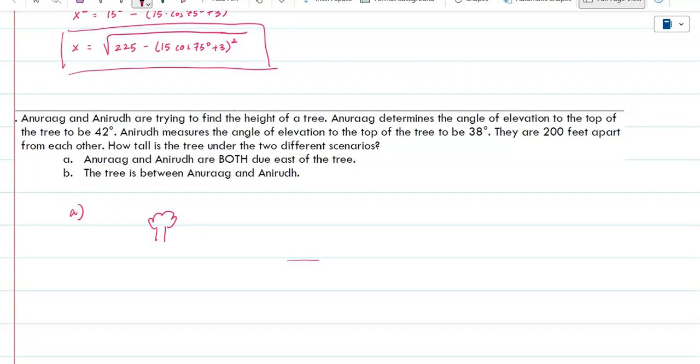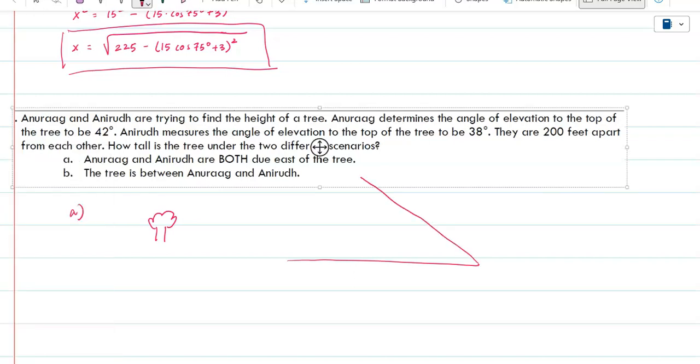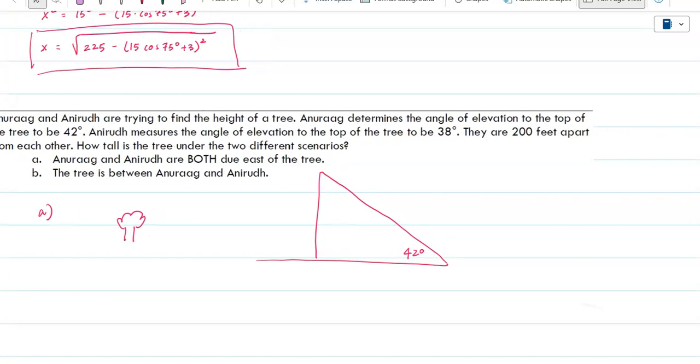If I draw both of the scenarios, the smaller the angle of elevation, the longer the distance is going to be. This is 42 degrees.